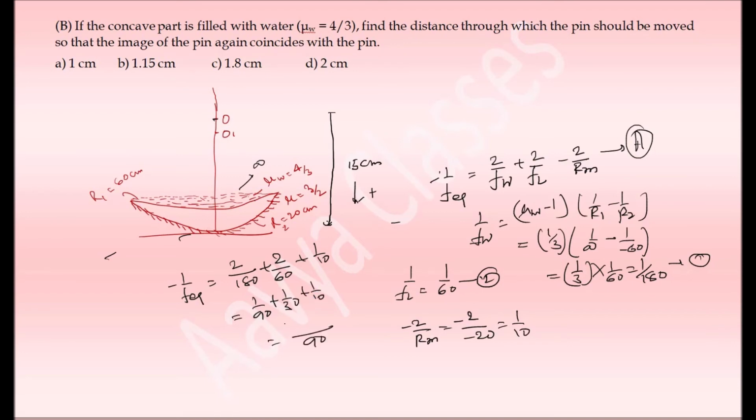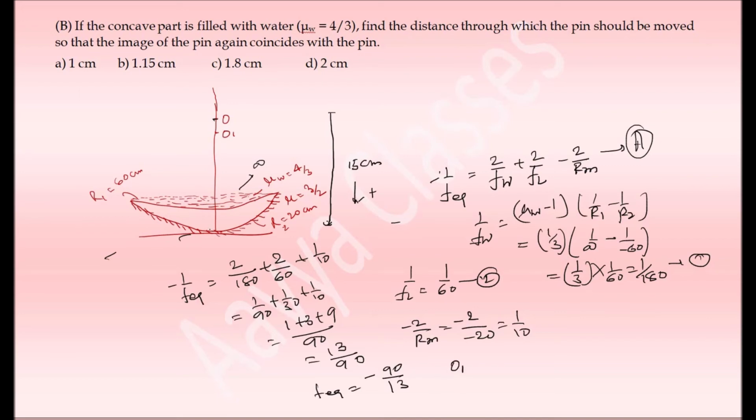On solving it we get F equivalent is equal to minus 90 by 13.